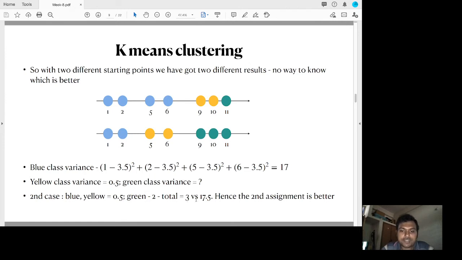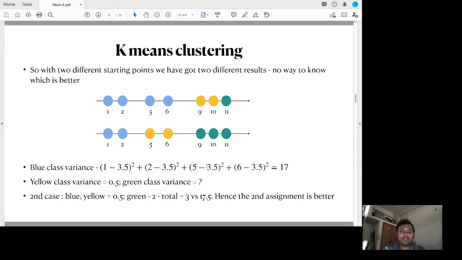So total is 3 versus 17.5, and we say that whenever there is an intra-class variance, the variance within a particular class, if you add them up for all the classes and you find that one particular assignment is lower than the other, then the lower one is the assignment that you will consider. Because what does this variance effectively show?